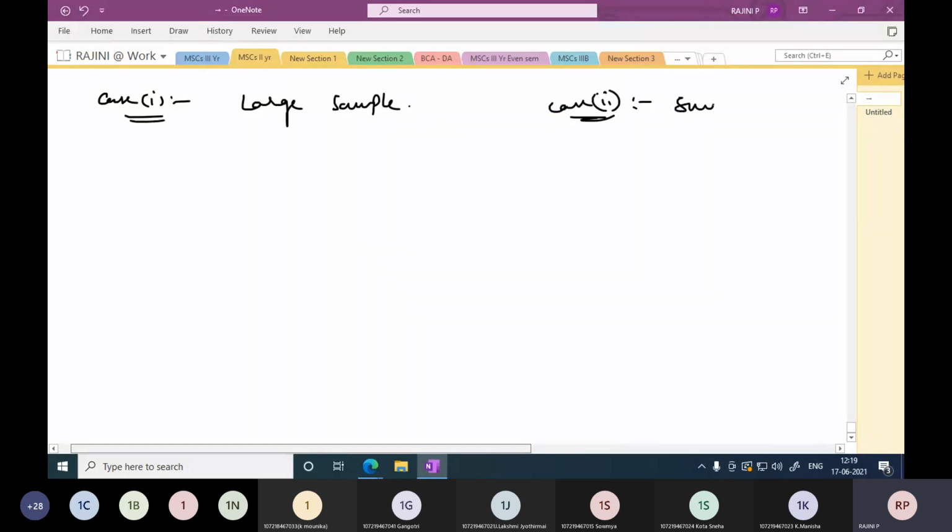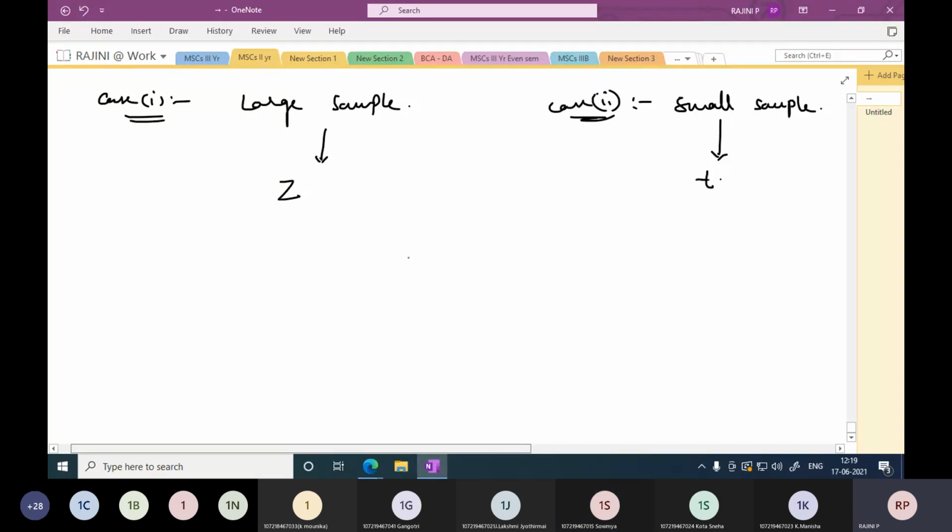For a small sample, which test will apply, dear? T test. So for a large sample use a Z test, and for a small sample use a T test. Did you understand? Yes, ma'am.